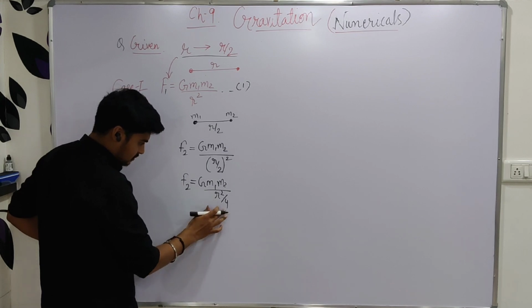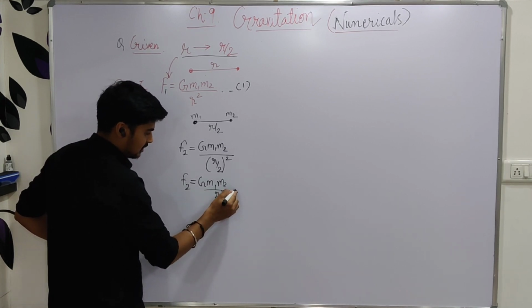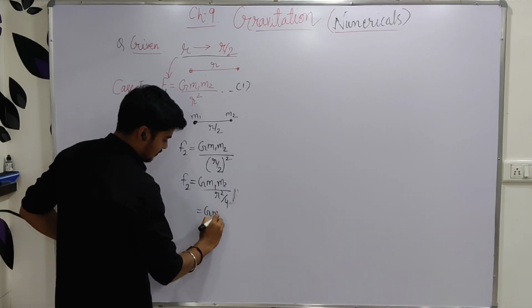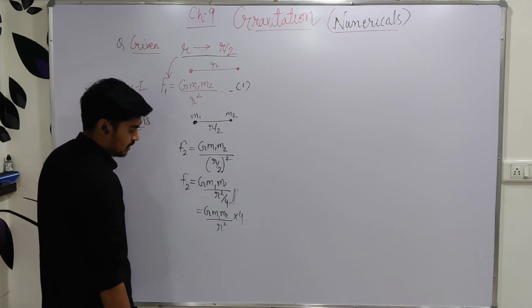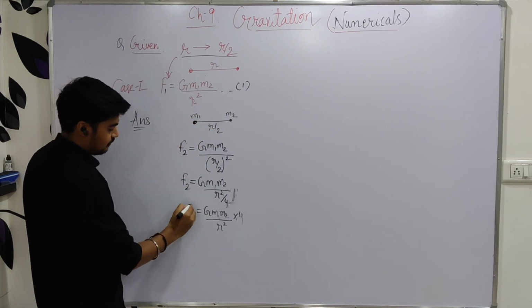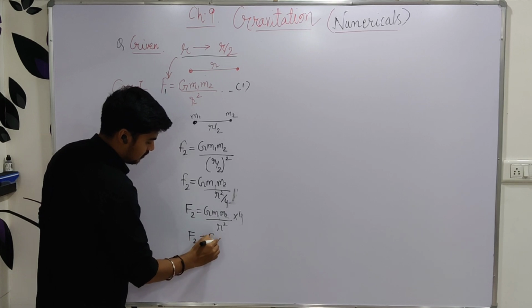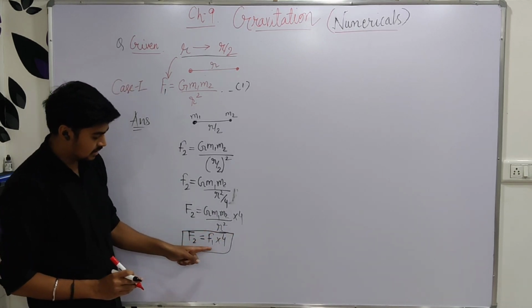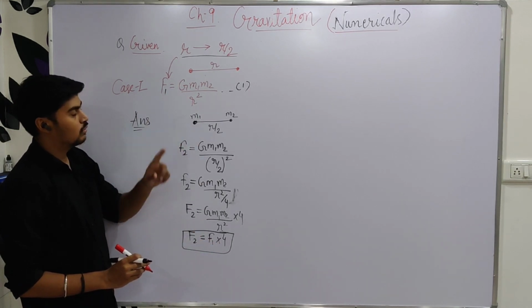Okay, now 4 is in the denominator, so we can take it to the numerator. G m1 m2 by r square is nothing but the force F1. So instead of this I can write F1 multiplied by 4.